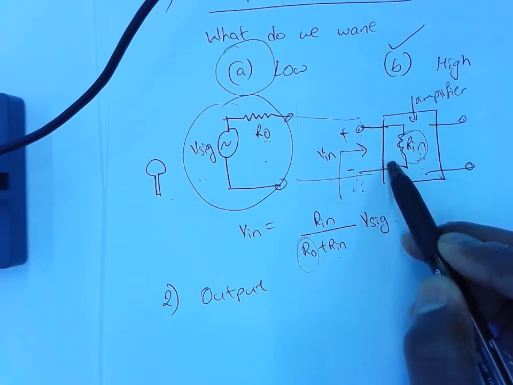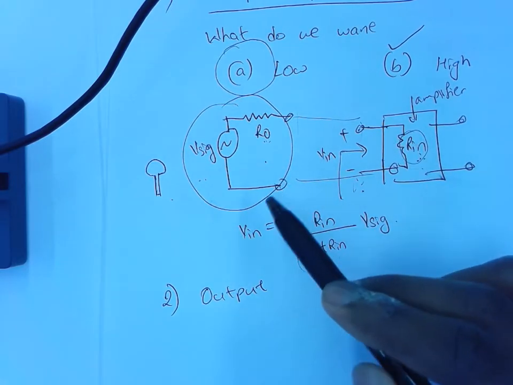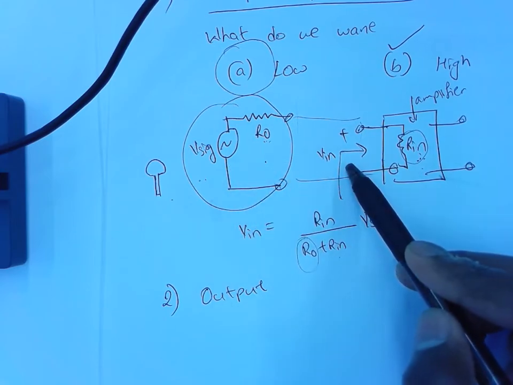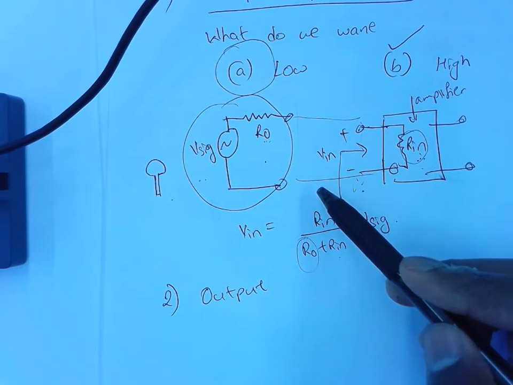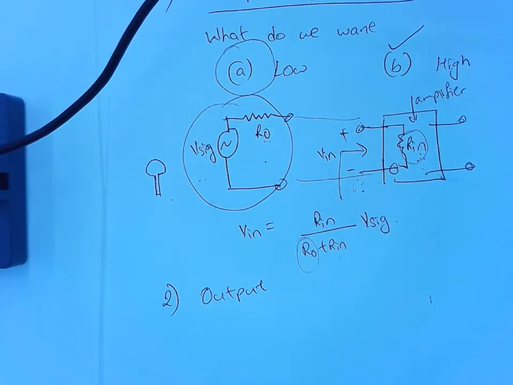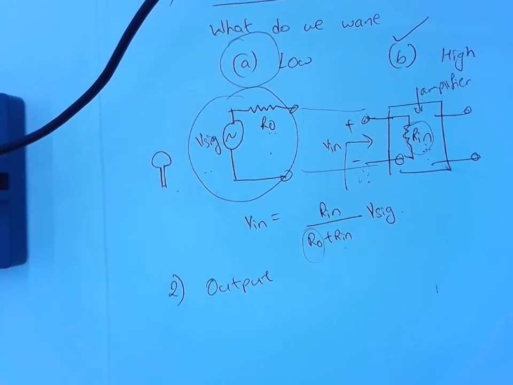That's another way of looking at it. If your input impedance is very high, you're not drawing any current from your microphone. That means you're not trying to get any power from your microphone. The power has to be supplied by the amplifier itself. That's why you have the amplifier. So the next thing we'll be talking about is output impedance.